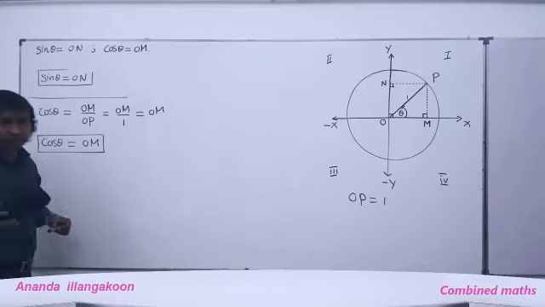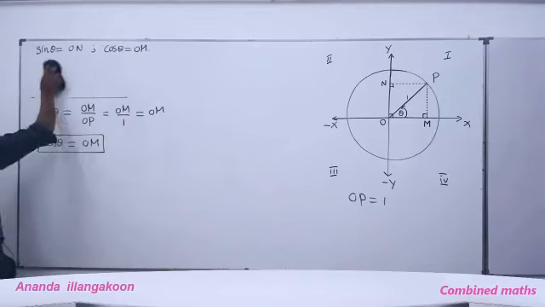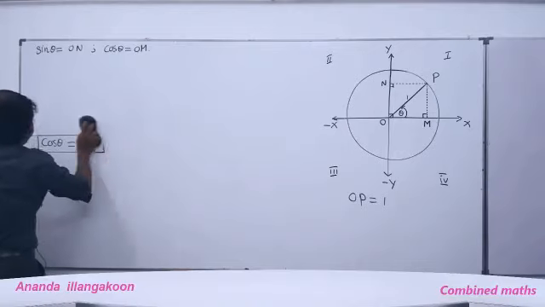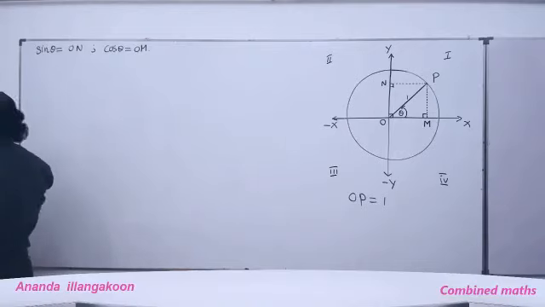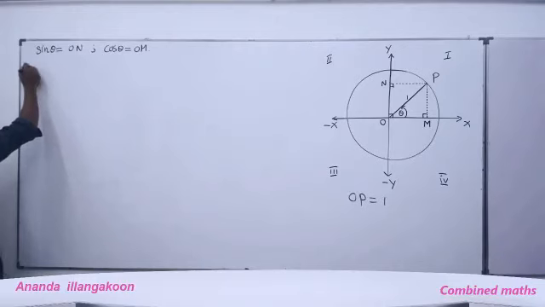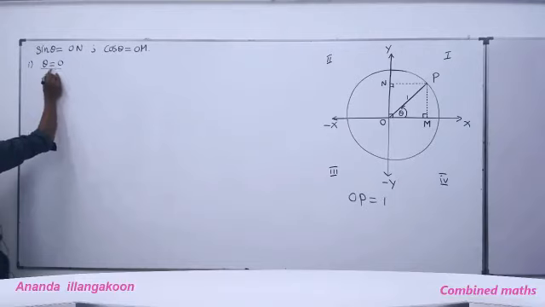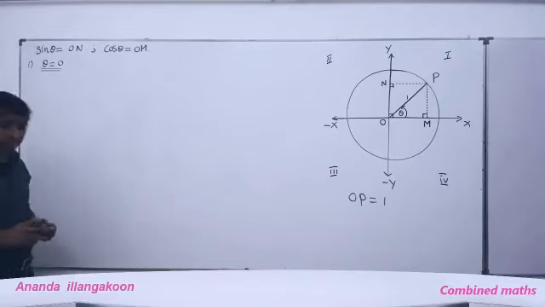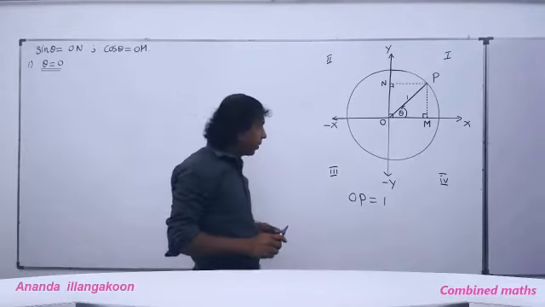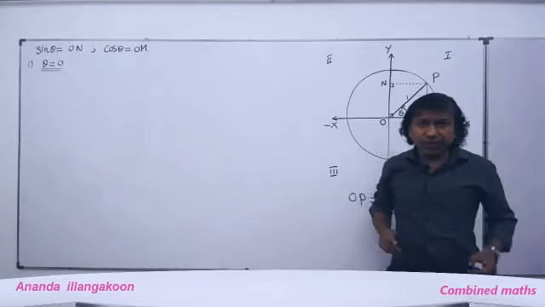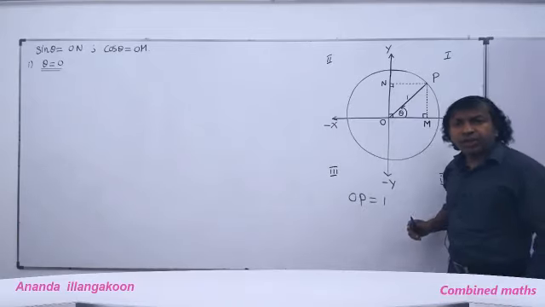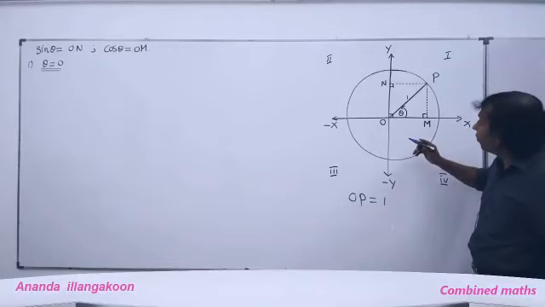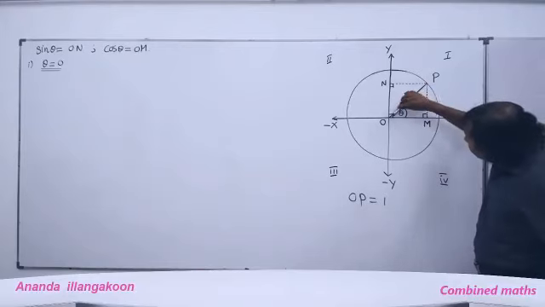Now, people, we'll see the next thing. First thing is this: number 1, theta 0. People, once you need this theta to bring to 0, this OP line segment you have to rotate towards the x-axis, not this way.